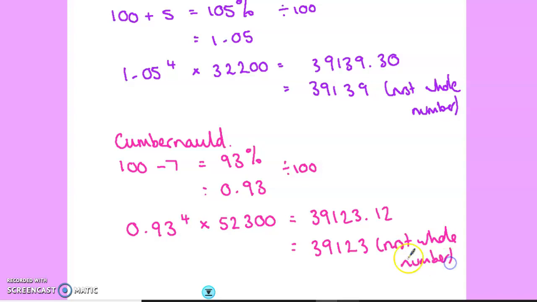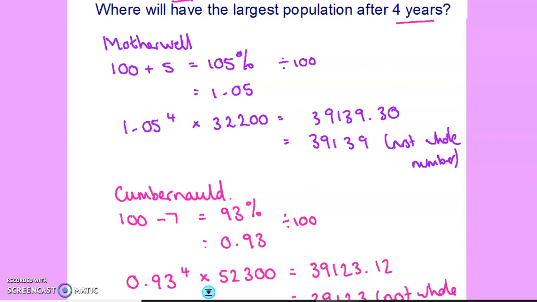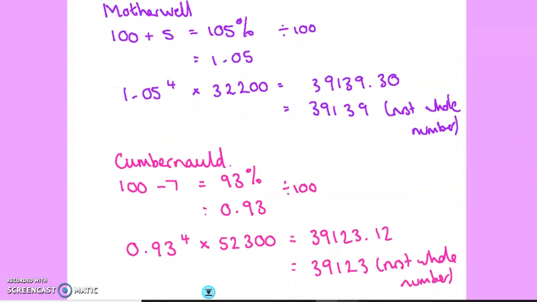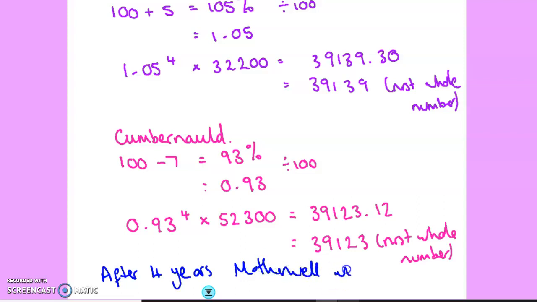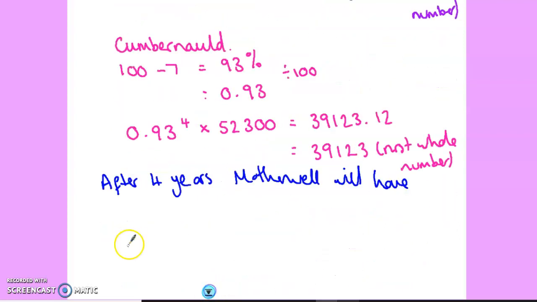Okay, don't forget to answer the question now we've done all the hard work. The question wants to know which town will have the largest population after 4 years. So after 4 years, which number is bigger? Motherwell, just. After 4 years, Motherwell will have a larger population.